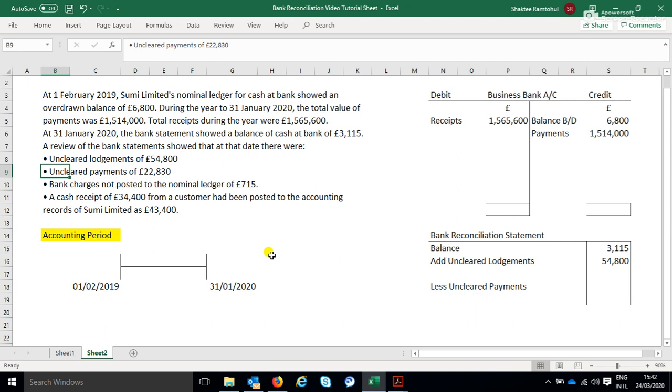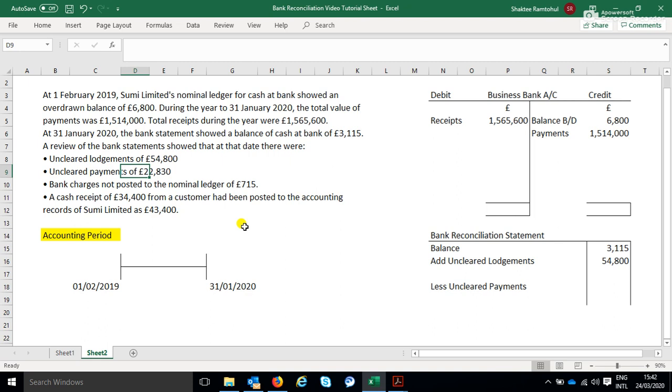Moving on, we're told we have uncleared payments of 22,830. Now, what does that mean? It means that with these payments, maybe we have paid by check. Let's say we have paid our utilities and we have issued a check to the company for 22,830.